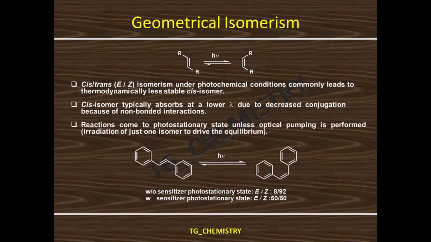As you can see over here, without the sensitizer at the photostationary state, the Z isomer predominates, and the ratio of E to Z is around 8:92. And with sensitizer, at the photostationary state, the ratio becomes 50-50. So this is the general phenomenon associated with the geometrical isomerism of alkenes.